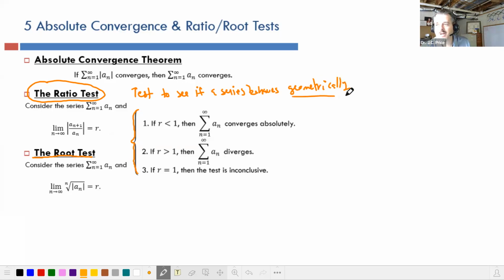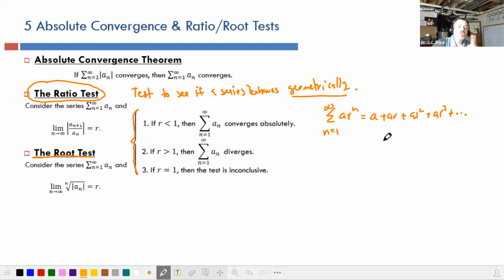So we know what a geometric series is, but what is it in essence? If you look at a geometric series, here's what it looks like. Sum n equals 1 to infinity of a times r to the n. And let's just write that out. So that's a plus ar plus ar squared plus ar cubed plus dot, dot, dot.